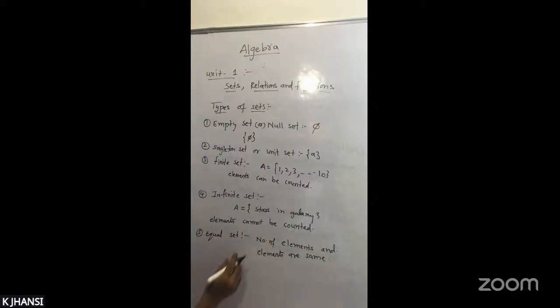This is the definition. Number of elements means if there are 4 in one set, the other set should also have 4 elements, and those 4 elements should be the same. Example: if A equals {1, 2, 3, 4}, then B should also equal {1, 2, 3, 4}. Then we say A is equal to B. So this is the definition of equal set.